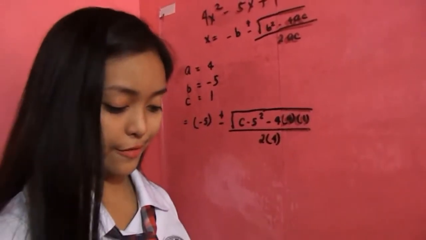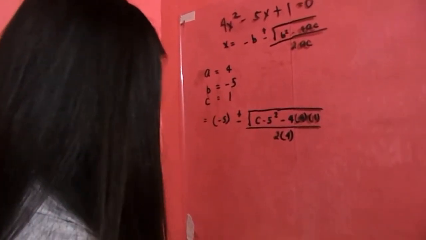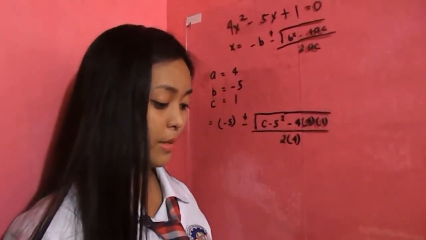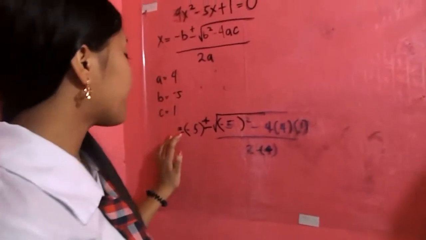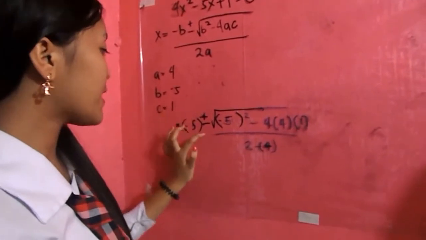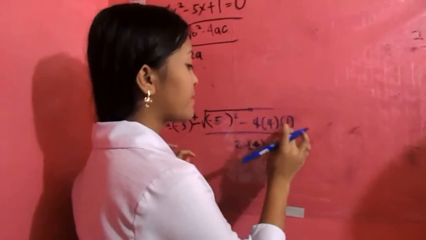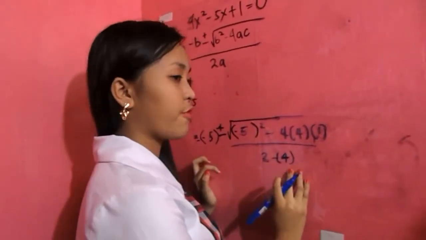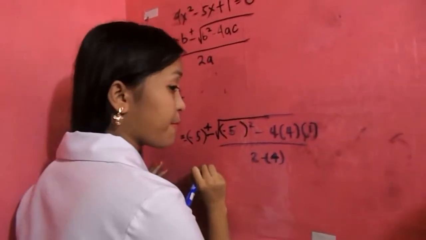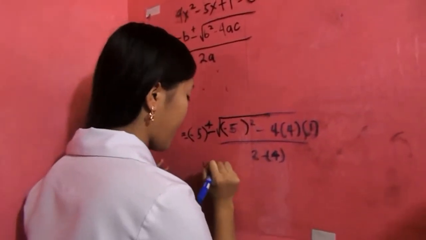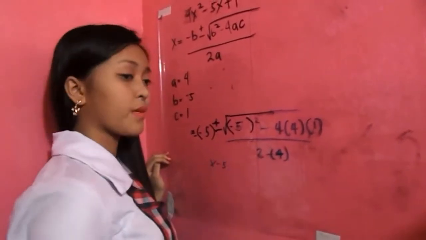Let's solve first in this side. Multiply the negative by negative 5. Let's construct the quadratic formula. Negative times negative 5, positive and negative, square root of negative 5 squared minus 4 times 4 times 1, over 2 times 4. First, negative times negative 5 is equal to positive 5.